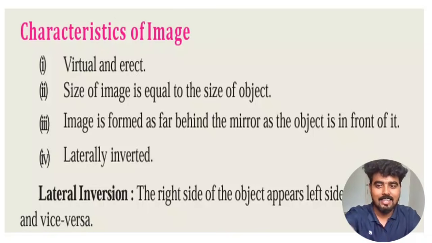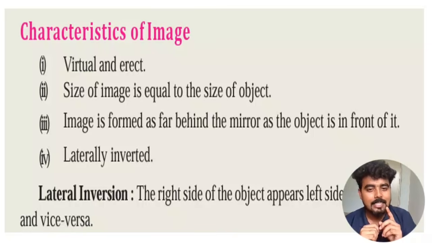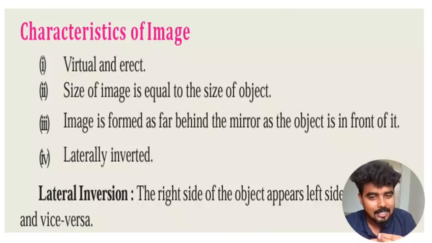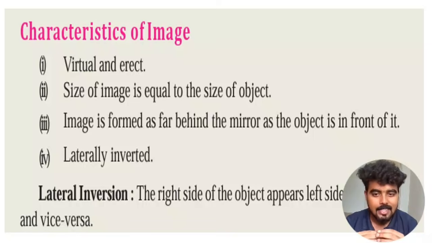Now, the characteristics of a plane mirror. What are the characteristics of the image formed by a plane mirror? First, the image is always virtual and erect, meaning it cannot be caught on a screen. It stands upright. Second, the size of the image is equal to the size of the object.